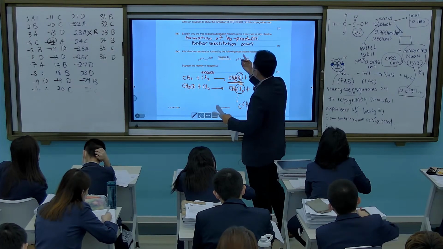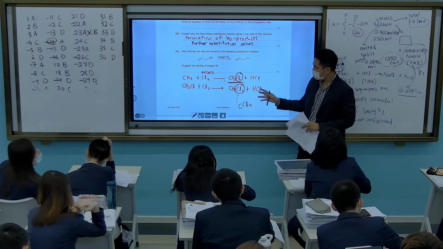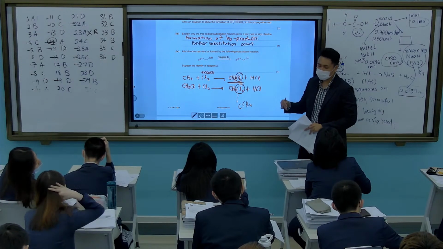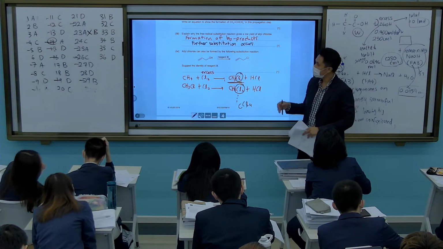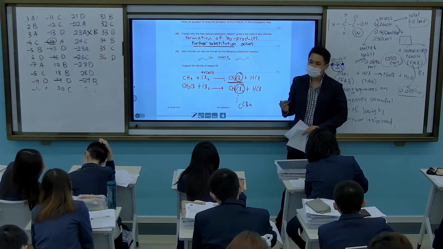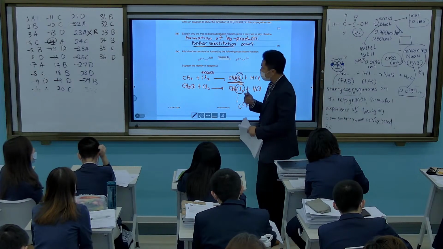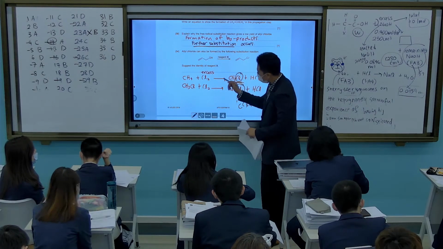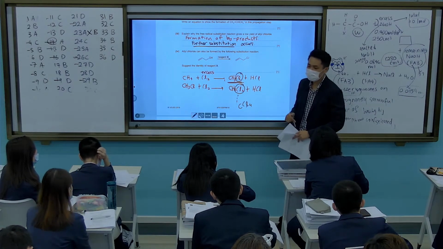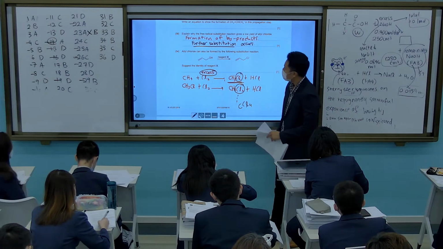More Cl will go in. It's not just about understanding, it's also about expressing your answers, right? So the keyword that the examiner wants to see is further substitution. Further substitution means more than one chlorine can go inside, because you have an excess Cl2.